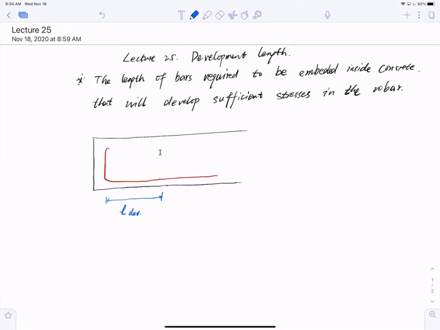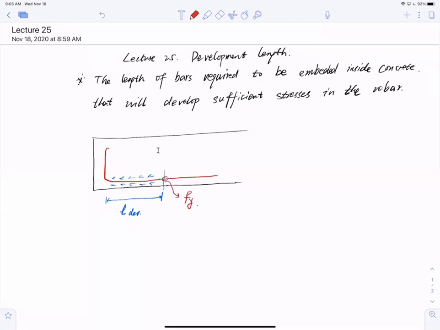when you're trying to pull the bar, the concrete has to provide enough bond stress, meaning shear stress, transferred to the bar, so that just at the end of the bar, the stress in the bar can reach the yield strength of the bar, Fy.